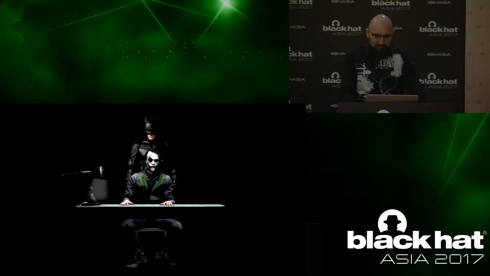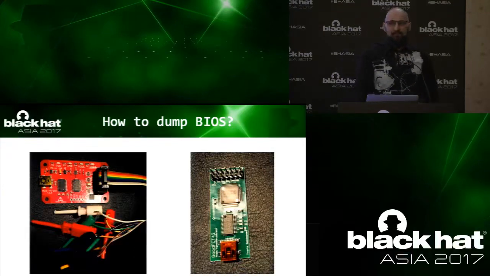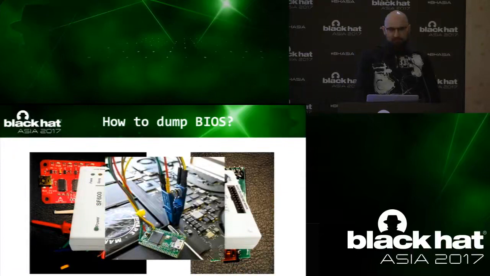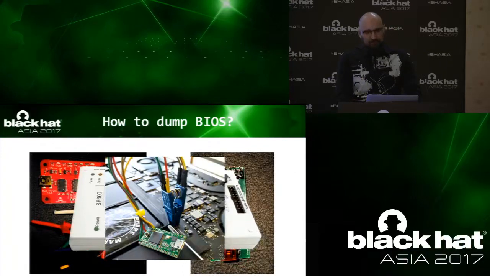So what we can do in this case is use some tools to dump the SPI flash memory directly from the SPI flash chip. It's actually the best way, but on modern laptops it's difficult to reach the SPI flash chip. For servers, though, it's a very useful forensics technique.